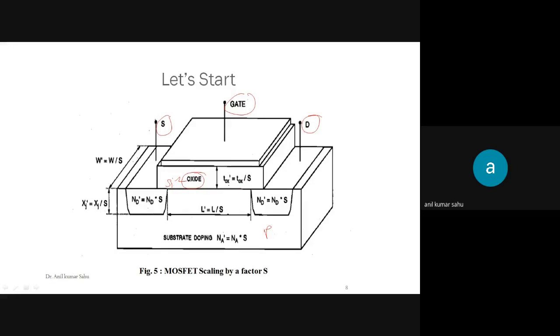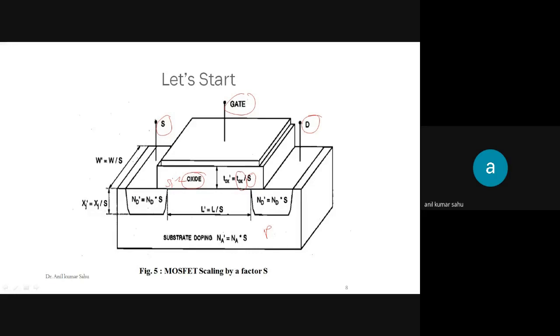To reduce the dimension of the MOSFET, we have to divide the original thickness of the oxide layer by the scaling factor S. So after scaling, the oxide thickness becomes tOX divided by S. Similarly, if you want to scale down the width of the MOSFET, we have to divide the width by the factor of S. For the diffusion layer, we have to multiply by the factor S.